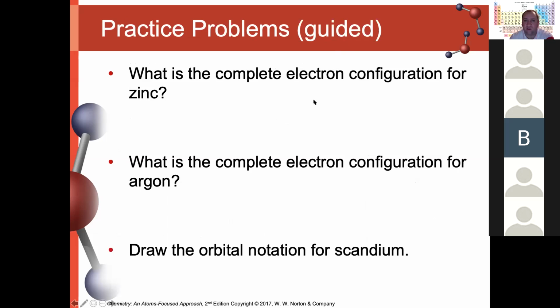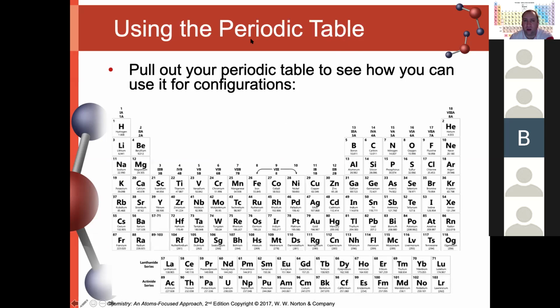Okay, next one. What is the complete configuration for argon? Again, we're going to do the same kind of thing. Argon's here, it's number 18. So we're just going to follow along. 1s2, 2s2, 2p6, 3s2.